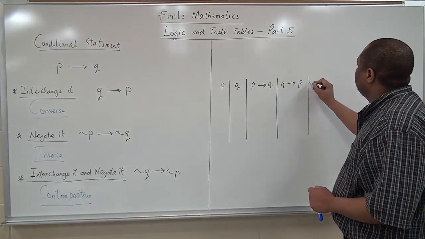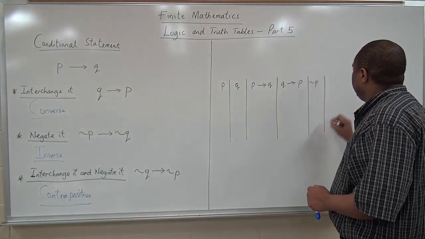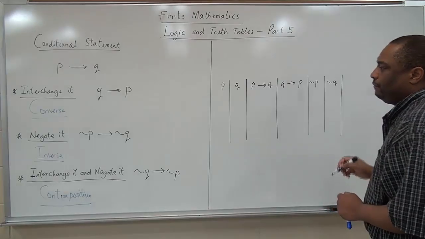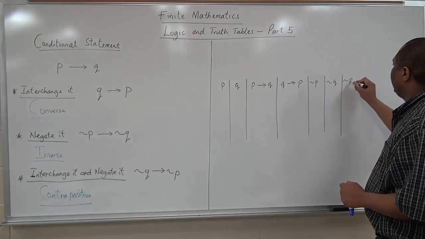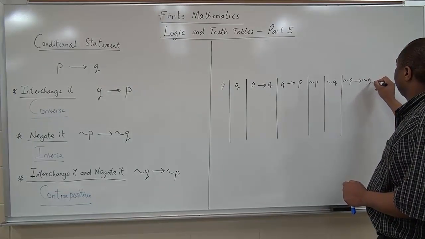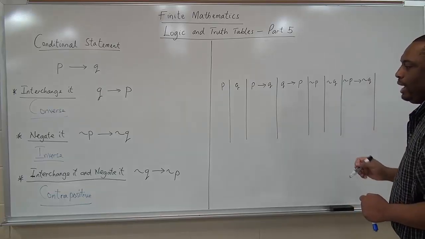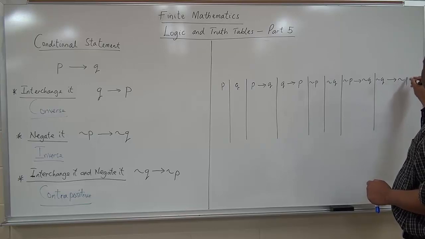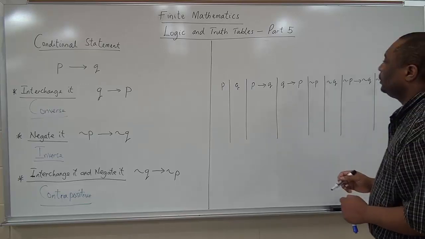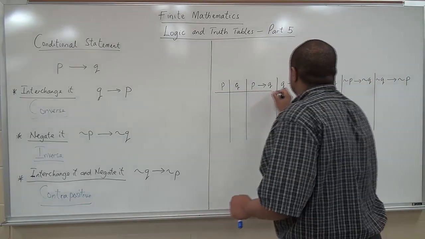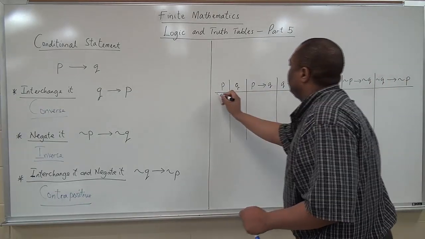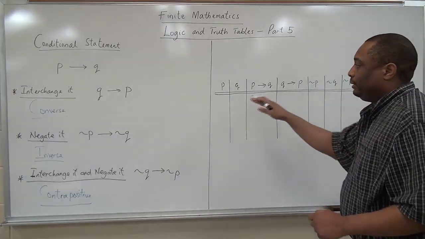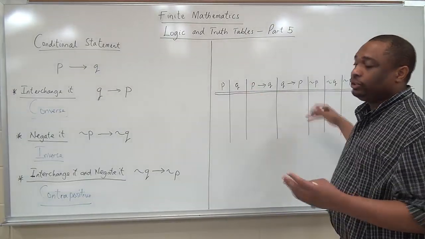Then we have negation of P, negation of Q, negation of P implies negation of Q, and negation of Q implies negation of P. As usual, the way I draw my logic and truth tables, I draw two lines.